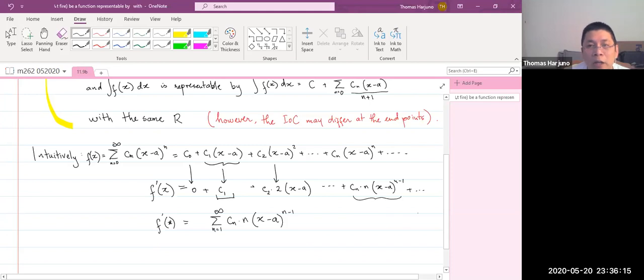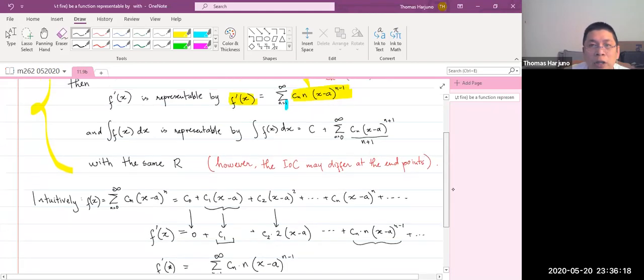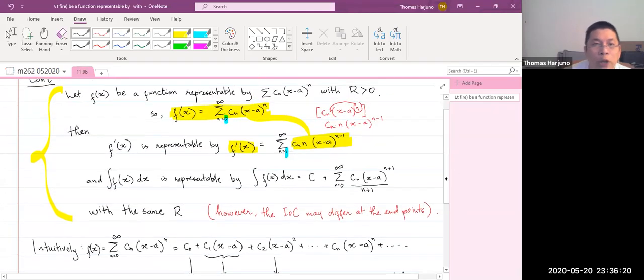Now, the thing that you need to pay attention to is that when you do the derivative or integral of that power series representation, you will keep the same radius of convergence. Even though the radius of convergence will be the same, the interval of convergence may differ at the endpoints.